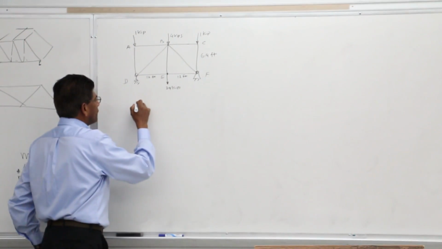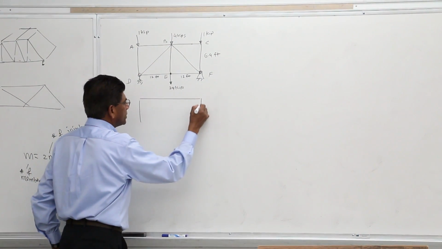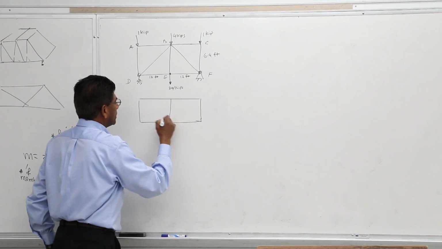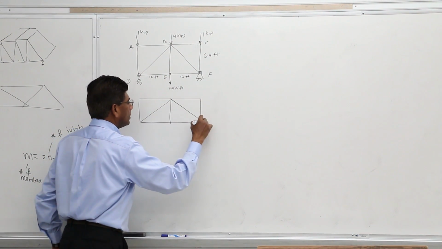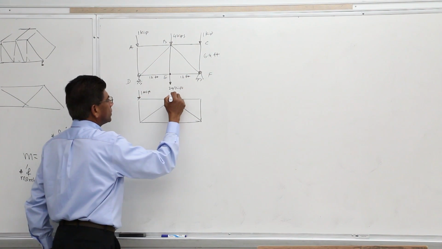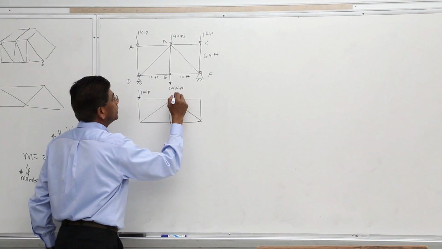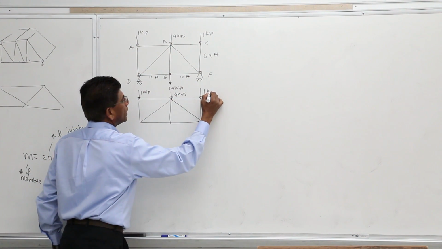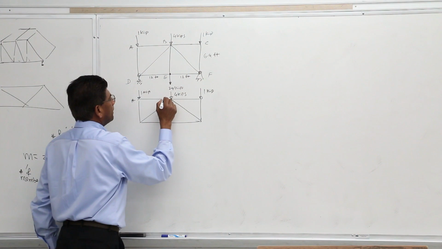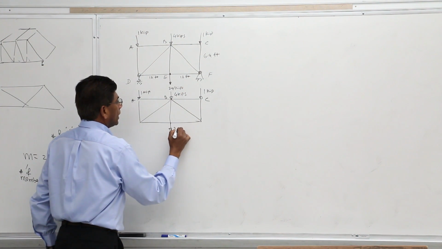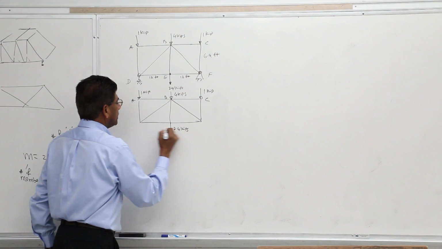So let me draw the free body diagram of the entire system, which is exactly what you see here. And I should not ignore any of the member forces, so I am drawing them here, which is 4 kips. And this is 1 kip. And again, A, B, C. And here is again, I have an applied load, right?